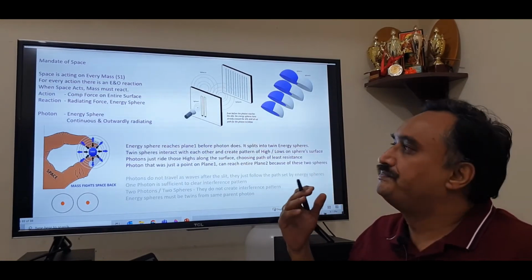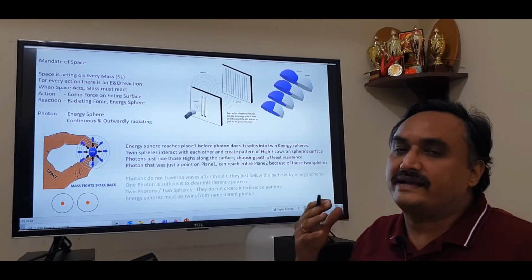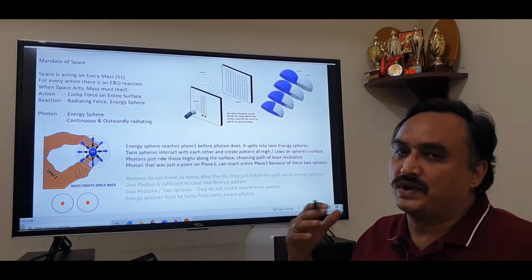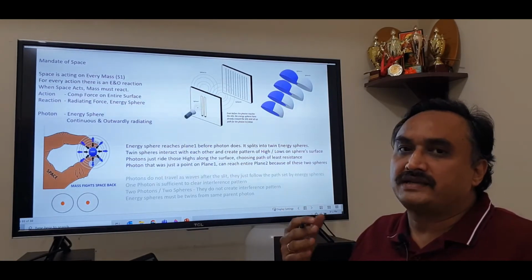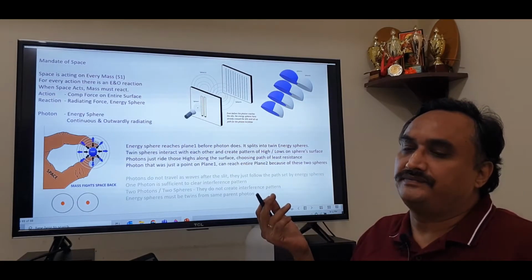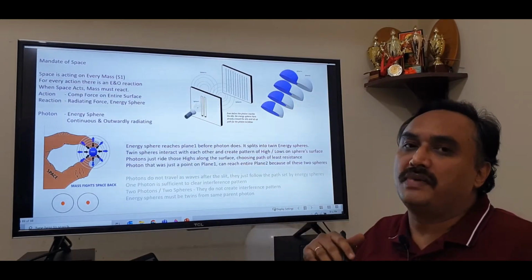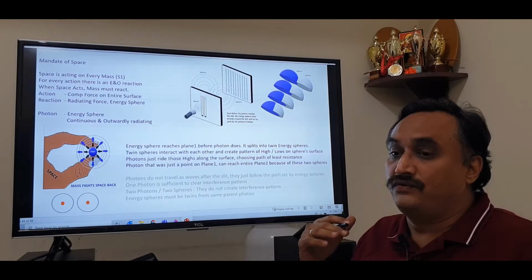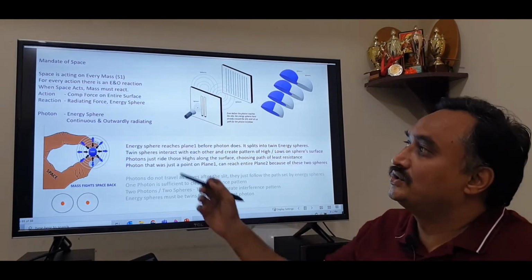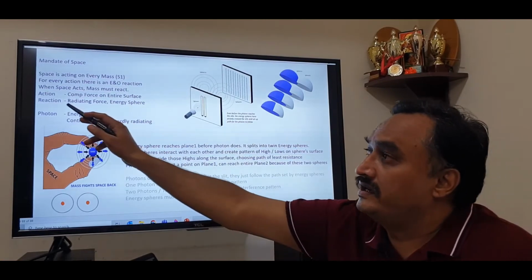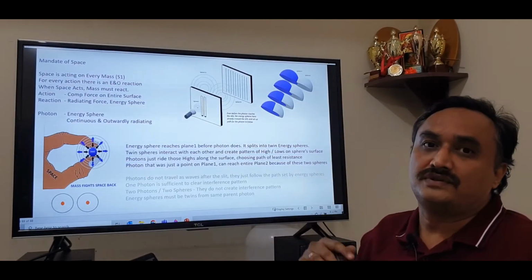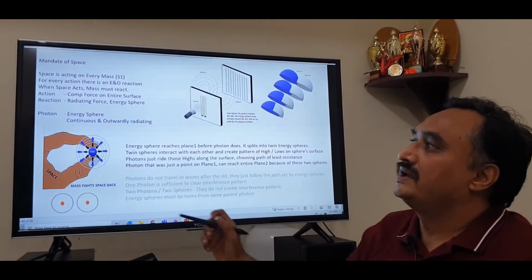The mandate of space is that space is acting on every mass, that is S1, the holding pressure. We know that for every action there is an equal and opposite reaction. Now when space is acting on mass, the photon has to react. So the action is a compressive force on the entire surface. The reaction would be a radiating force, which is like an energy sphere.